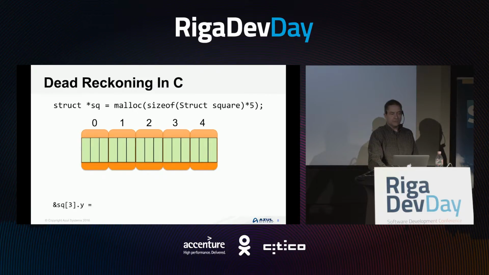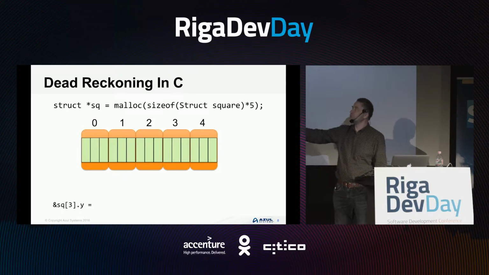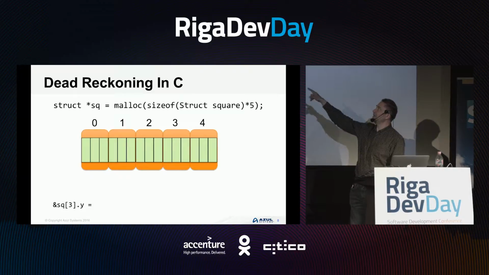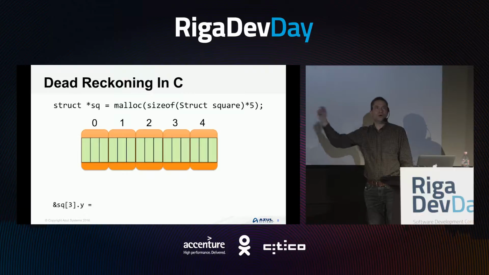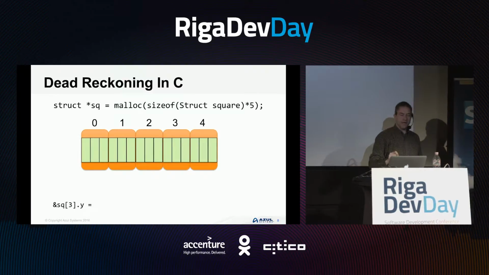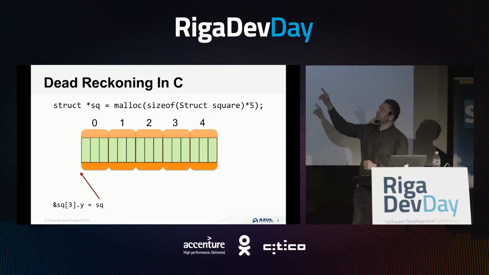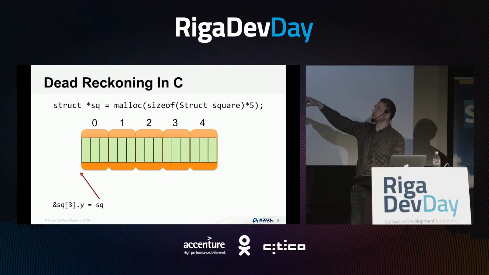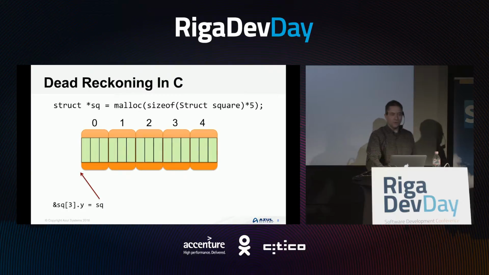If I want to figure out where one of the pieces of data is in that array, let's say I'm looking for the 4th element of the array of structures, and I want to get the Y value of that. How can I do that? Well, it's actually very simple. Using dead reckoning, I can say, okay, I know where the data starts. This is the address of the area of memory that I've allocated. So that's my starting point.